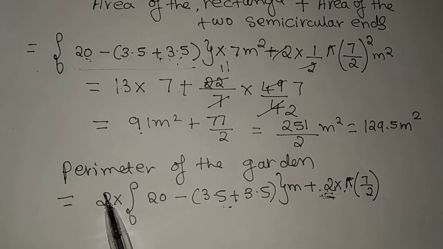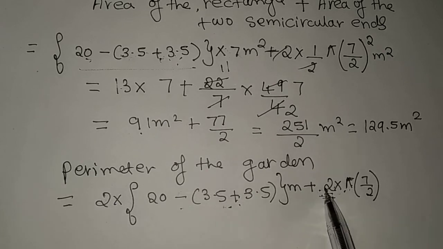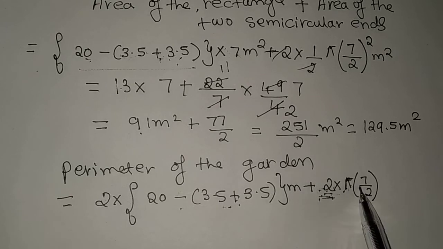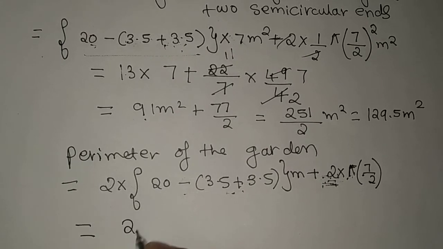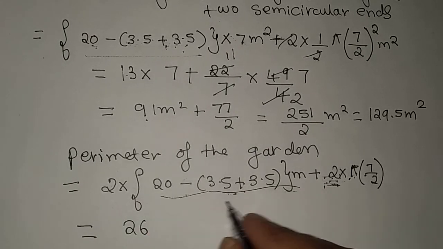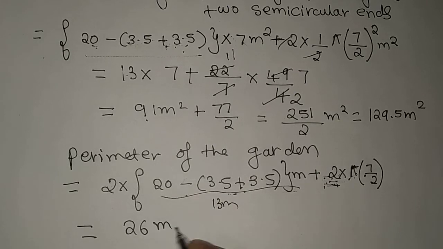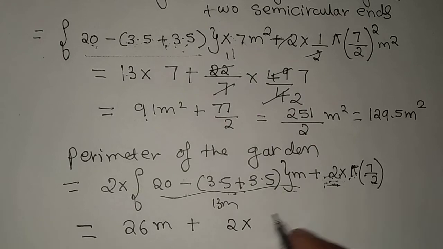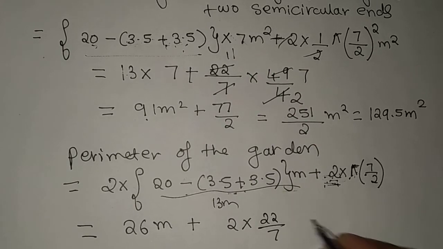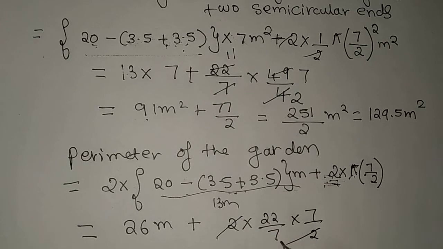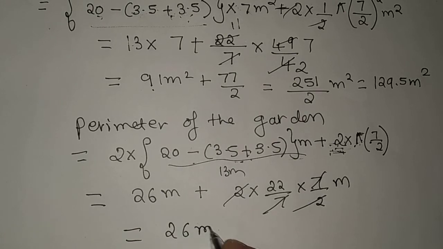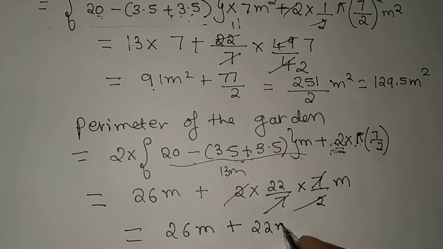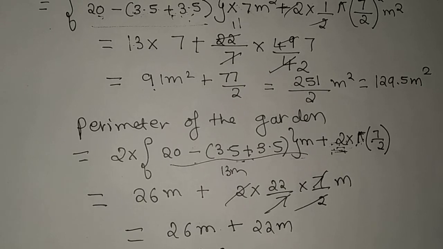This is perimeter of the garden. First we take 2 into its whole length plus this semicircle, 2 into pi into 7 by 2. So now we will simplify this. 13 into 2 will be 26 m plus 2 into 22 by 7 into 7 by 2. This 2 cancels, then 7 cancels. Then finally we get 26 m plus 22 m. This will add up to 48 m.